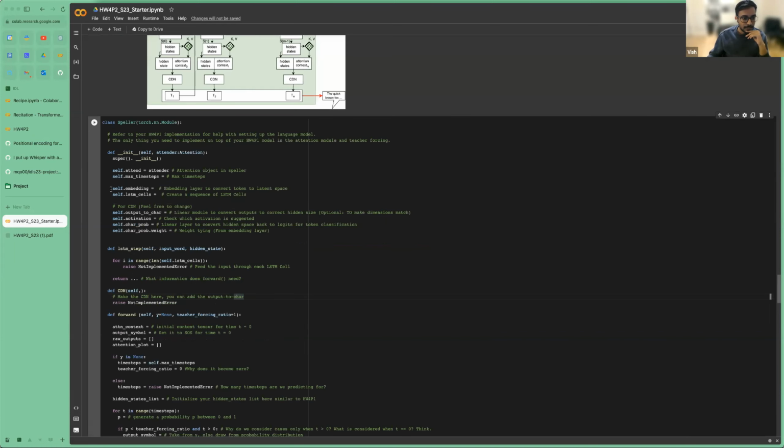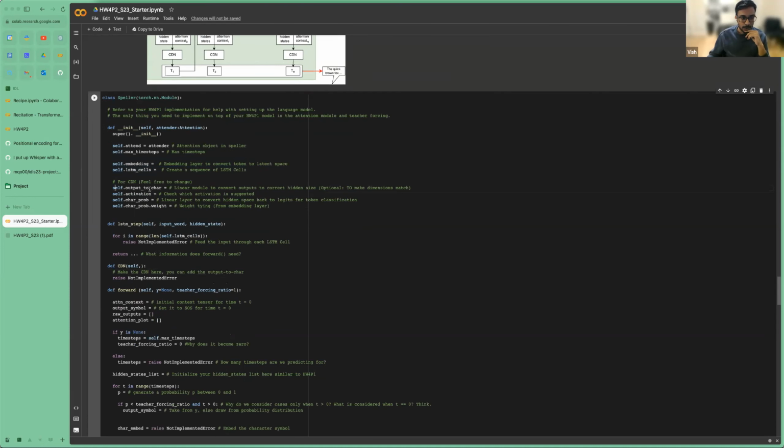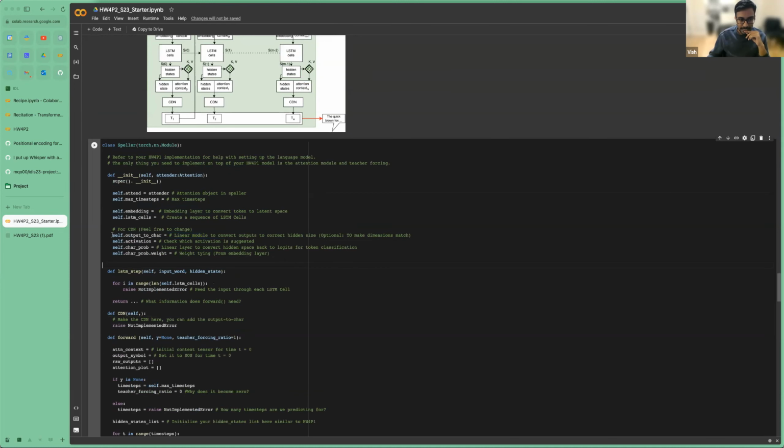Anyway, right here, the embedding layer is basically converting your characters to a specific latent space. Then sequential LSTM cells, then output to character here. This is an intermediate layer to ensure that whatever dimensions you have in your character probability layer can be tied to your embedding layer.